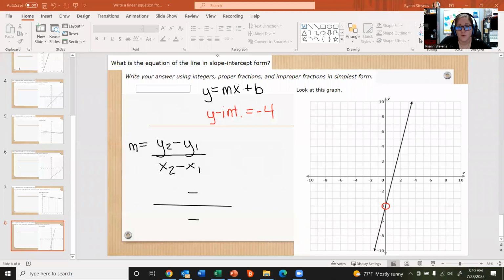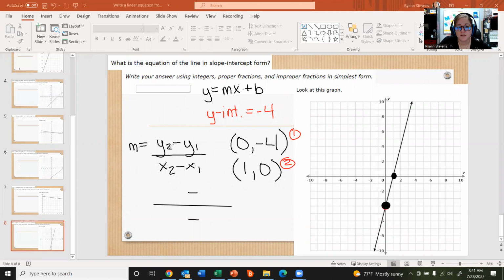And for our points, we can use this point here, which is 0, -4. And then I'm going to use this point right here, which is going to be a 1 and a 0. So I'm going to label this as point 1 and this is point 2.